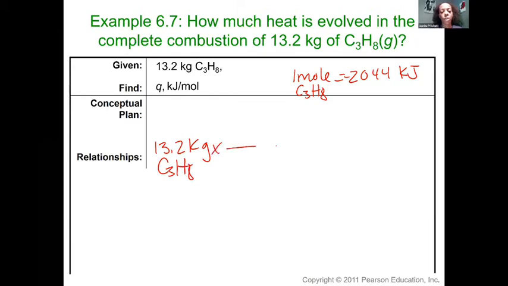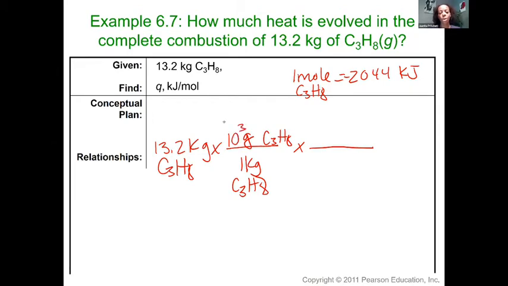And we know the first step is to go from kilograms to grams. So we would say 1 kilogram of C3H8 is to 10 to the third grams of C3H8, so 13.2 kilograms. And then we're going to first convert from kilograms to grams.